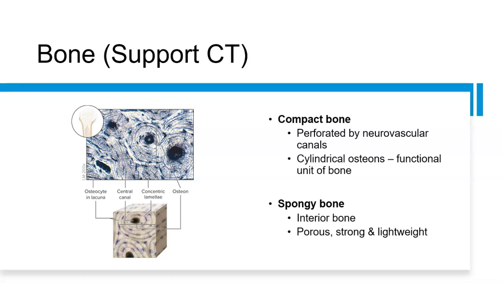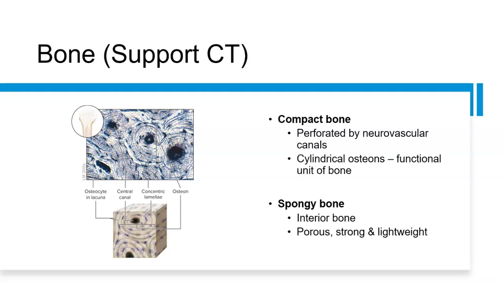So compact bone is made up of cylindrical structures called osteons. If you look at this image, this is an osteon, another osteon, another osteon. So they look sort of like the rings of a tree. In the center of each of these osteons, we have something called the osteonic canal, also called the Haversian canal, and that's where the main blood vessels, nerves, and lymphatics for that bone are going to come through.